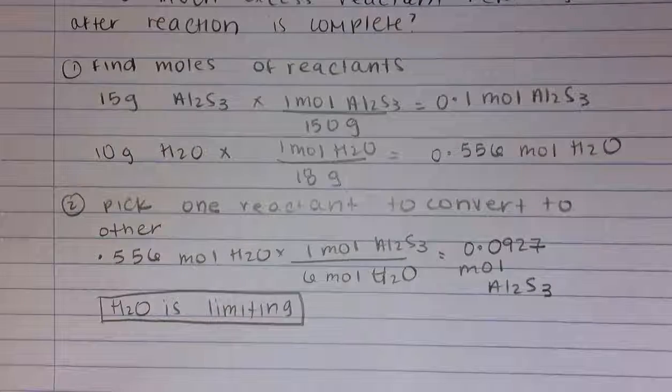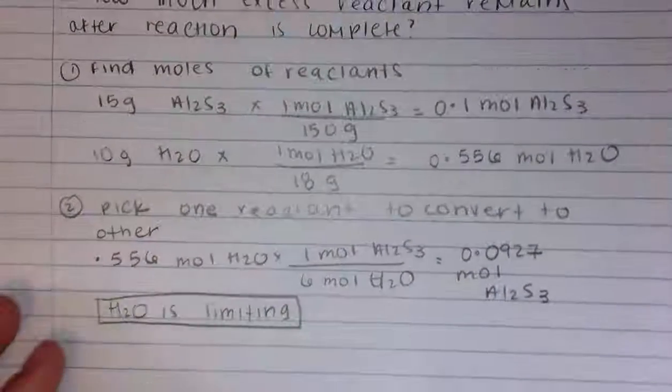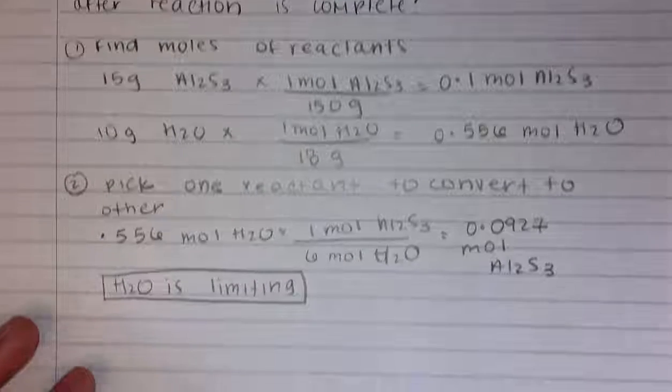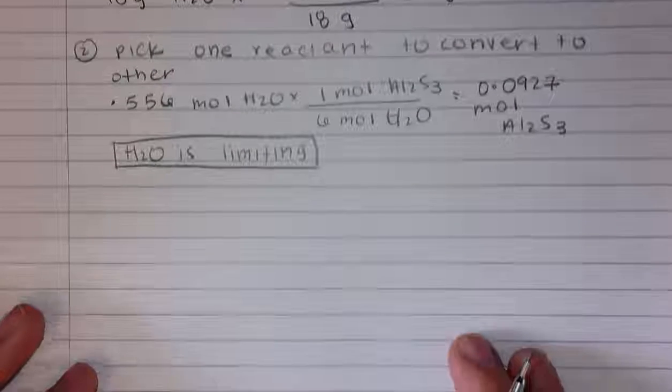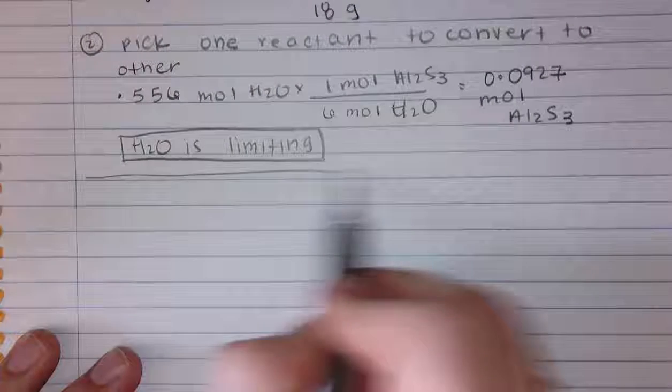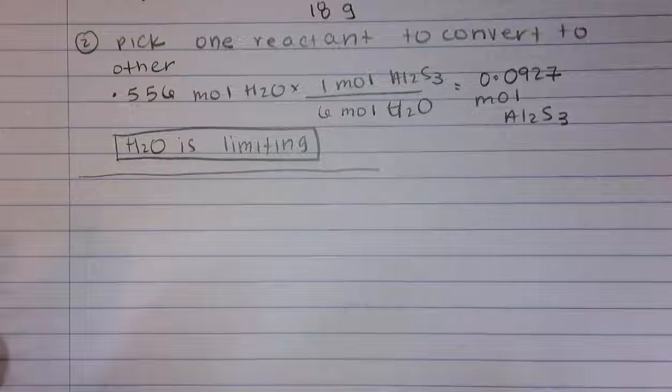Now we can move on to the next question, which asked, what is the maximum mass of hydrogen sulfide formed from these reactants? Well, to find the maximum mass, a lot of that has to do with the limiting reactant, because that's what's limiting the amount of production that occurs.